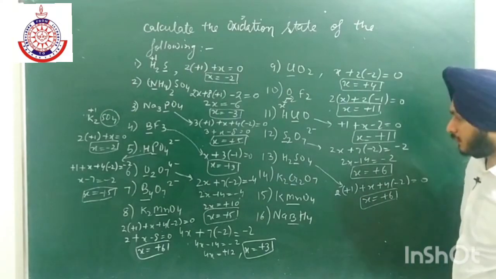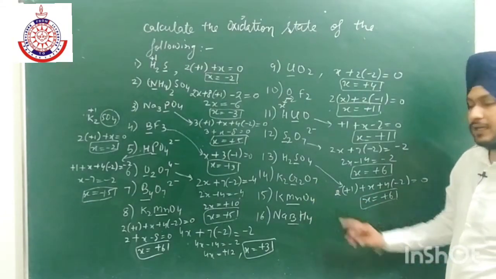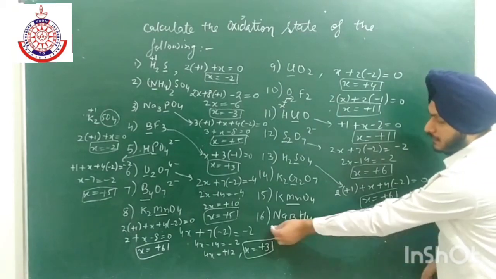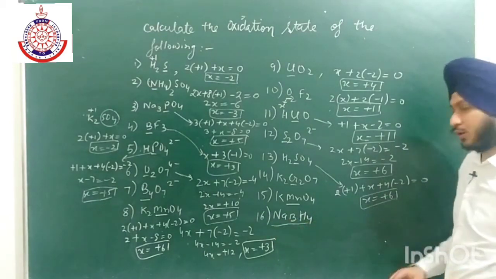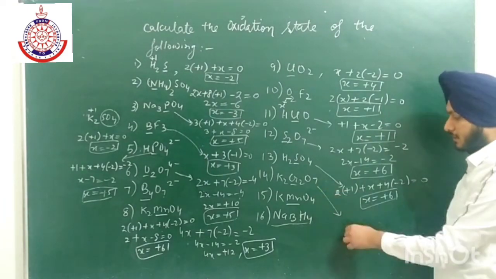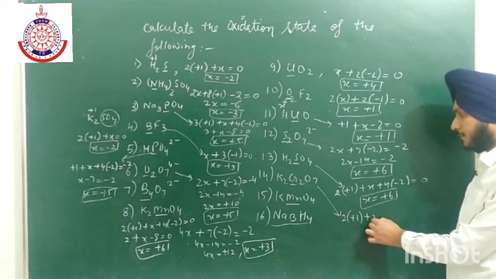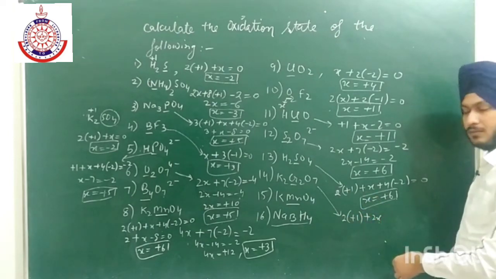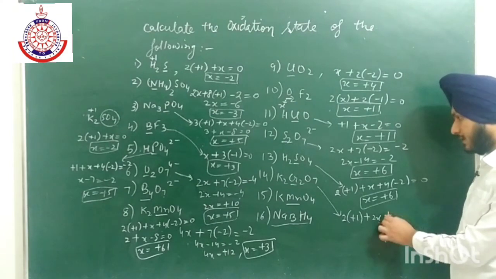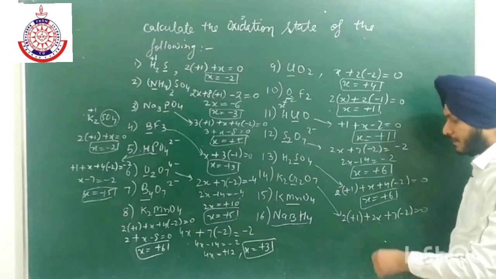As simple as that. Now these two are the most important oxidizing agents, K2Cr2O7 and KMnO4, and this one is a good reducing agent, sodium borohydride. So K2Cr2O7: the oxidation number of K is plus 1 because it is an alkali metal, plus 2 into the oxidation number of chromium as X plus 7 into minus 2 is equal to 0, because there is no sign, this is a neutral compound.